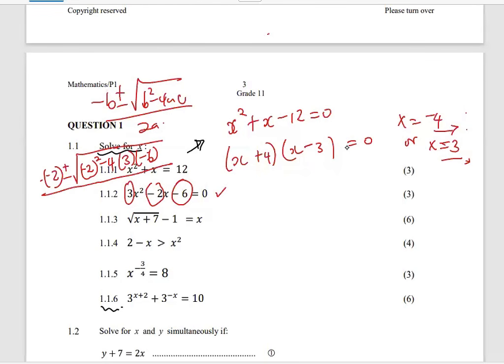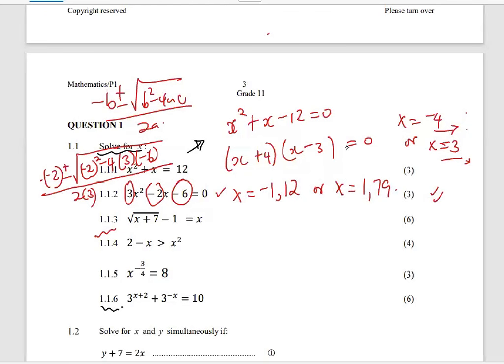We are dividing everything by 2 times 3. So my first x value is negative 1.12, and x is 1.79. So those are the two answers that we have.